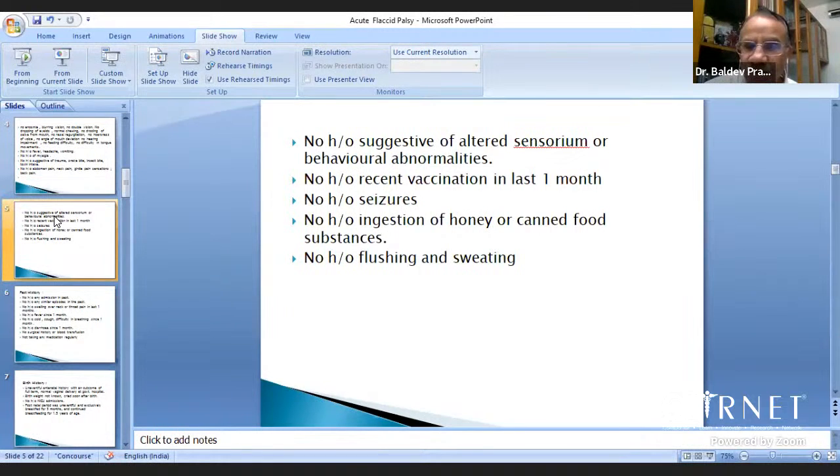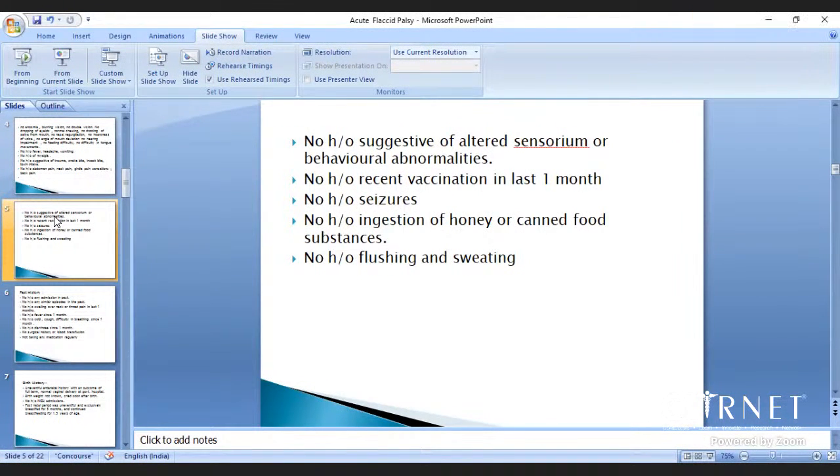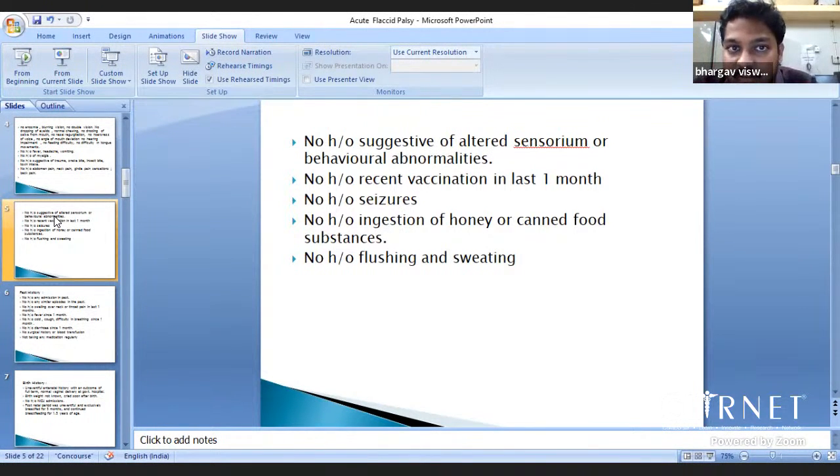The DPT is known to cause this type of problem? Yes, sir. DT, hepatitis B, influenza, meningococcal vaccine type C can cause this type of weakness, and rabies, anti-rabies serum, anti-rabies vaccine. These all can cause weakness.